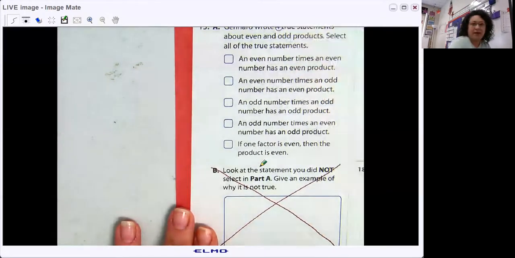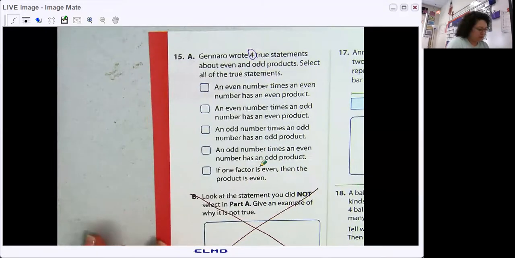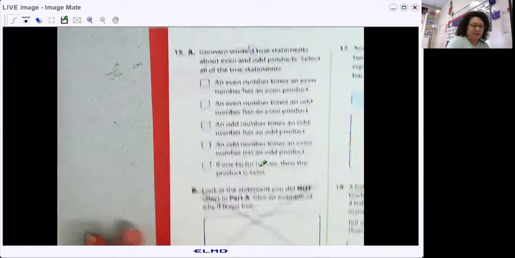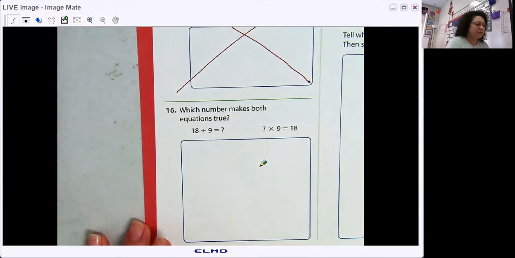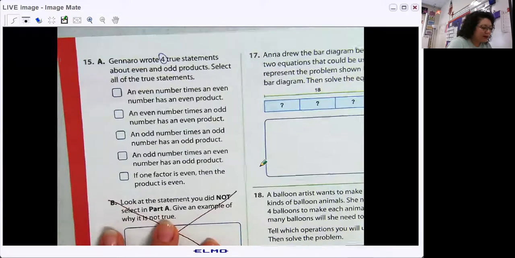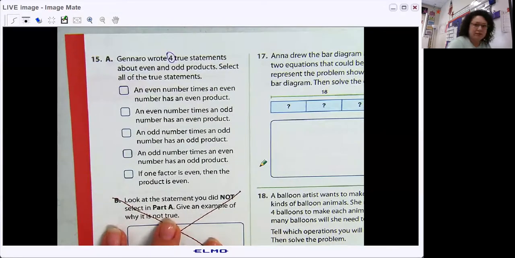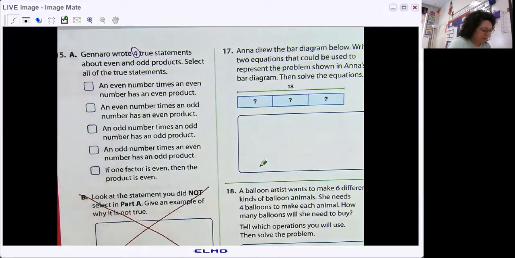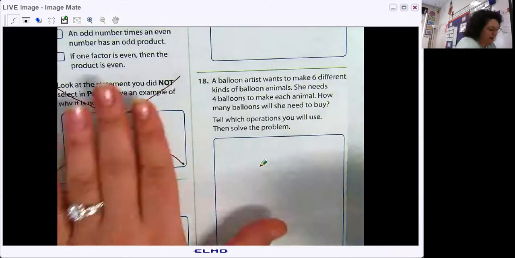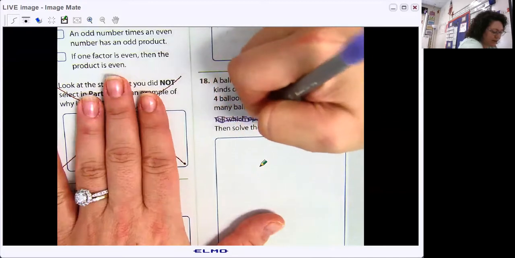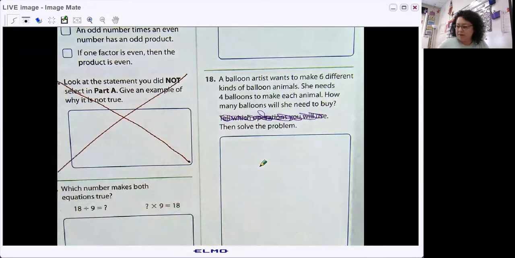It even tells you how many there are. 16 is good. 17 is good. And 18, just solve the problem.